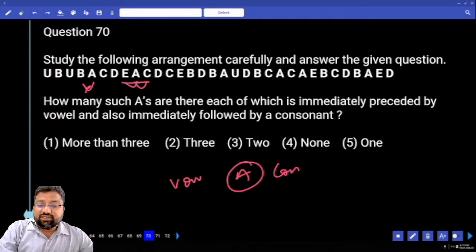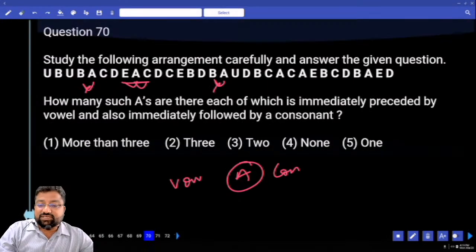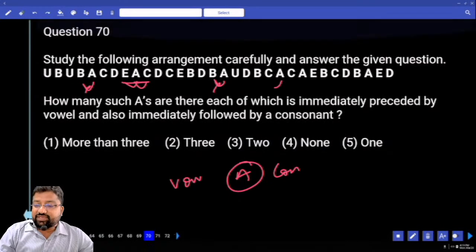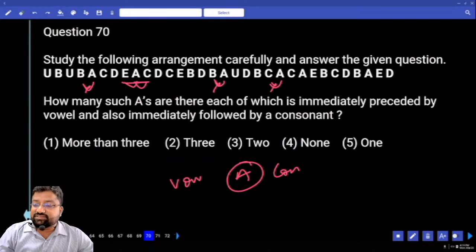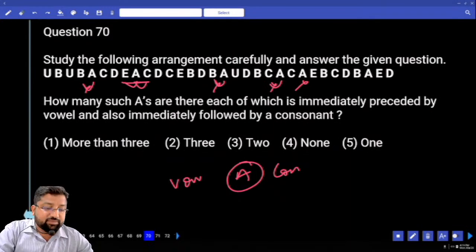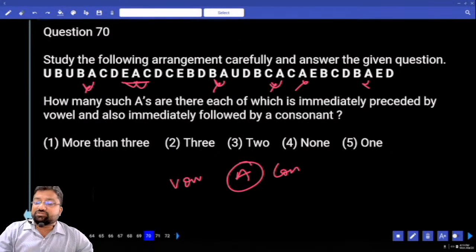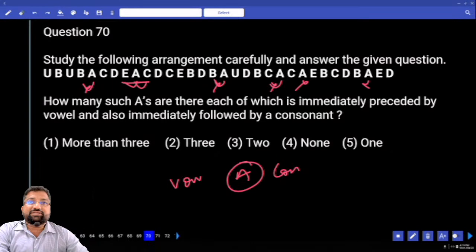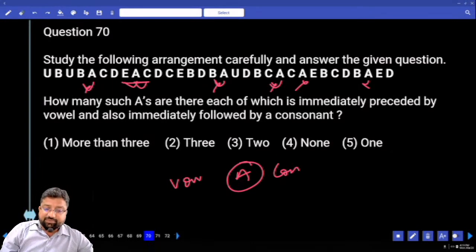This is 1. Next A. Before A there is a consonant. But what do I need? Vowel. So this is not considered. Here before A there is a consonant. I will not consider this. This will also not come into the picture. This A is also not useful to us, because before A there should be a vowel. So how many did I get? Only 1. Option number 5.